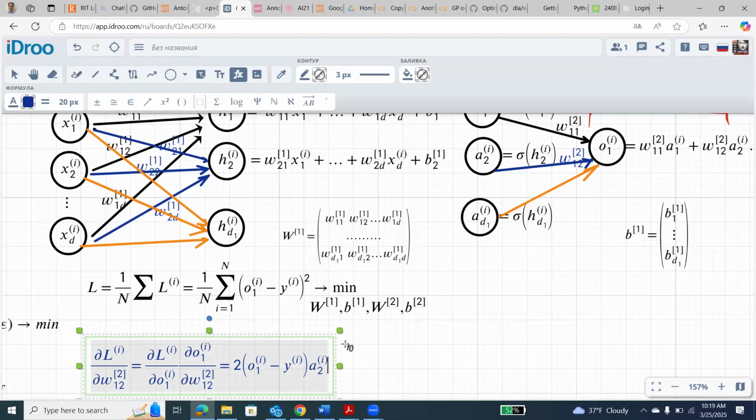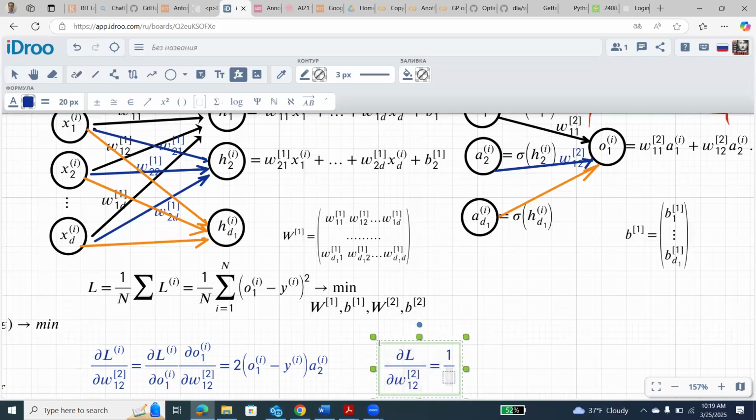And the final answer, the derivative of our loss function L with respect to this parameter W12, is 1 over n, sum over all points i.